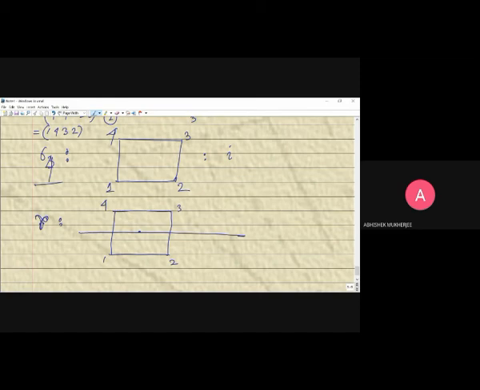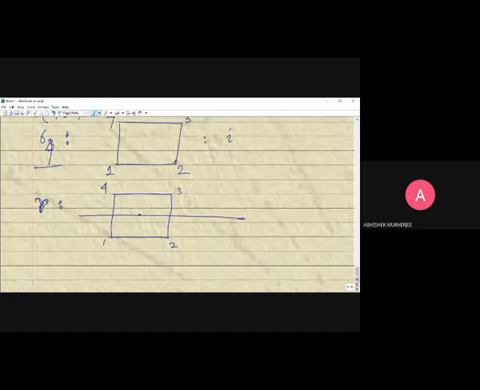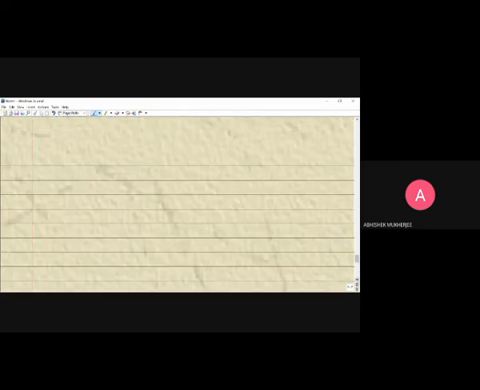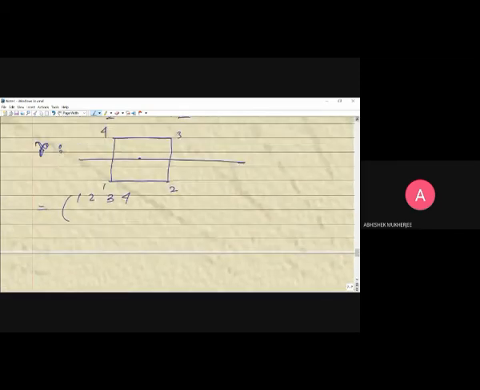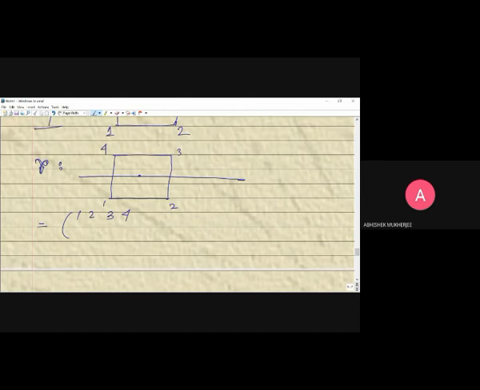Then what you will have? So then this is going to be 1, 2, 3, 4. So what is the reflection? If you take a reflection with respect to this line, then 1 goes to 4, 4 goes to 1. And 2 goes to 3, 3 goes to 2. Right? That is, it is your 1, 4, 2, 3.